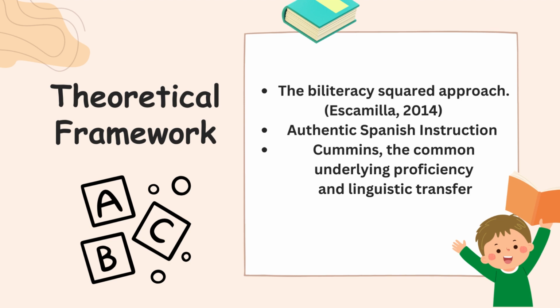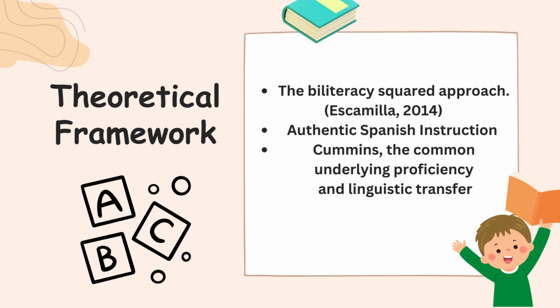And so this framework really doesn't approve the idea of the two monolinguals in one, but rather supports the idea that a whole linguistic repertoire is used within a context to communicate.